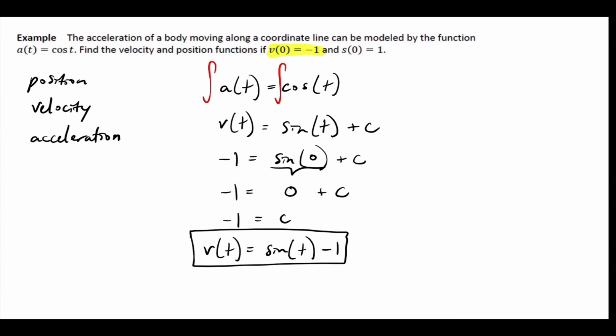Now that's going to be my starting point to find position. Okay, so let me start right here. v of t equals sine of t minus 1. That's my starting point. What do I do?